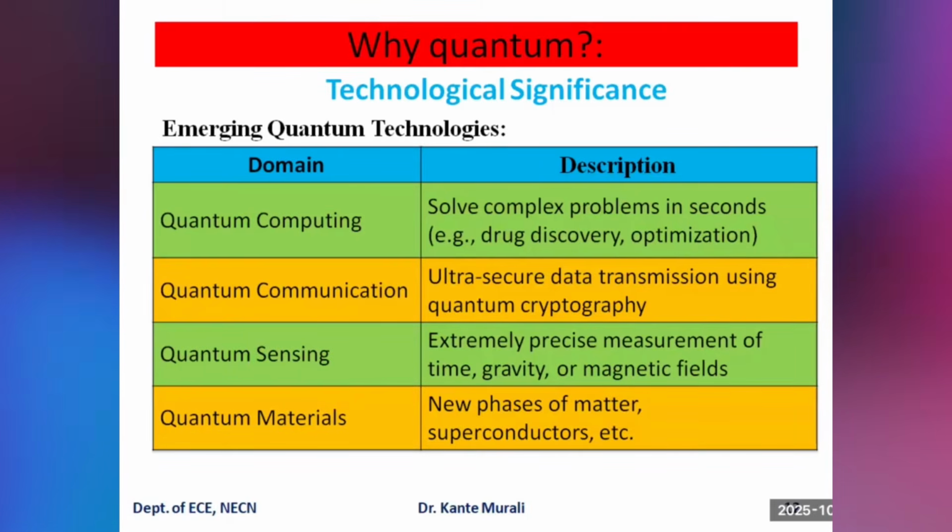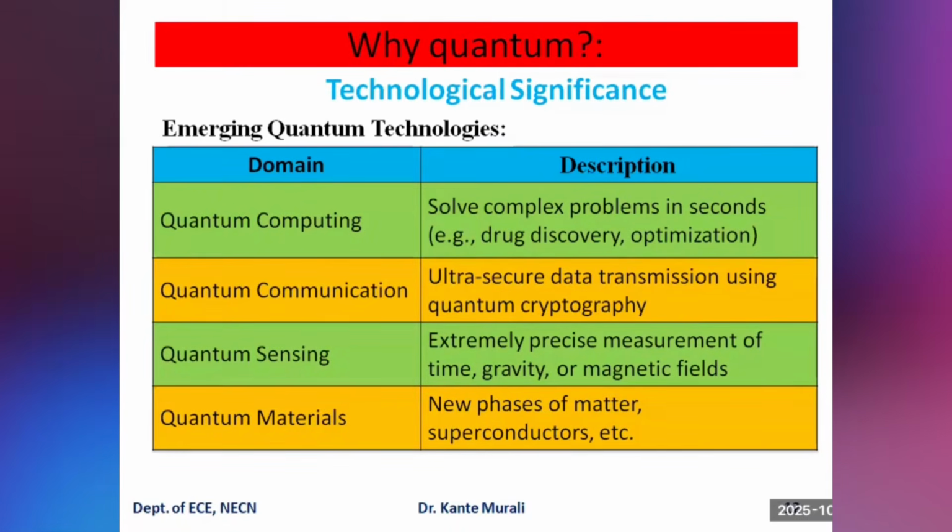Quantum communication is suitable for secure data transmission using quantum cryptography, ensuring, as I mentioned, unbreakable encryption using quantum principles. For example, in a recent update from China, China's Micius satellite used quantum key distribution, that is QKD, to transmit secret codes between cities very securely.